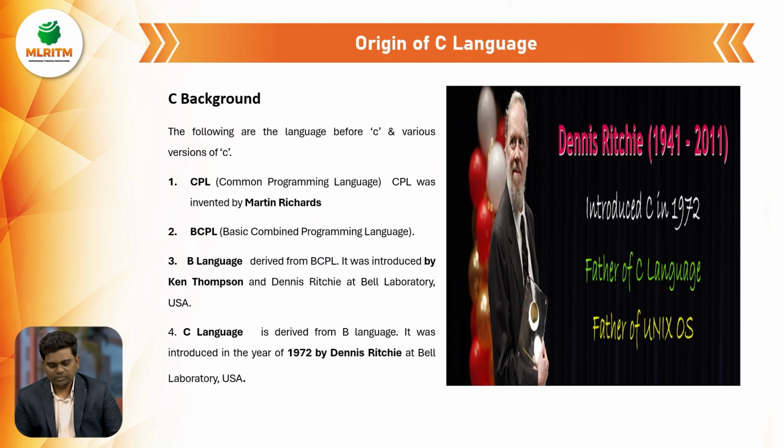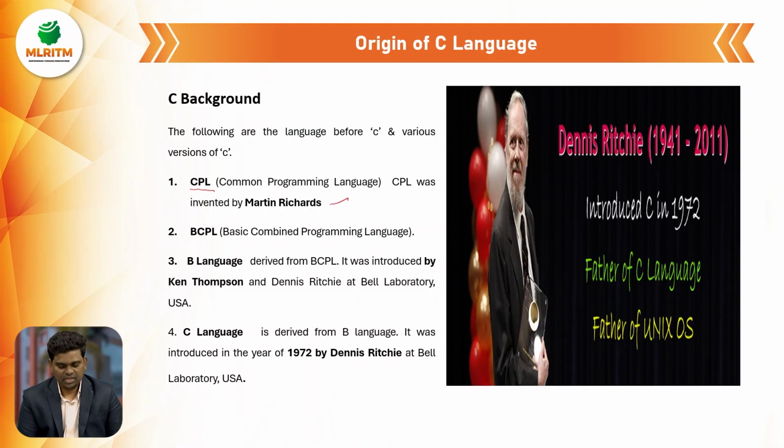After that, before going to C language, first we'll see the background or origin of C language. There are previous versions of C language. First, it was called the CPL language, which stands for Common Programming Language, which was developed by Martin Richards. That is the first version.